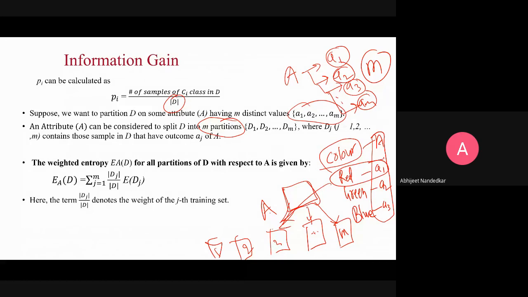Now the weighted entropy for all partitions of D with respect to A is given by this important formula.